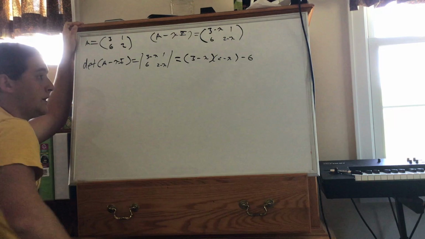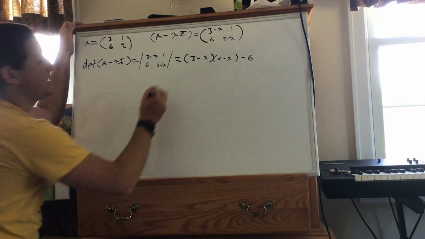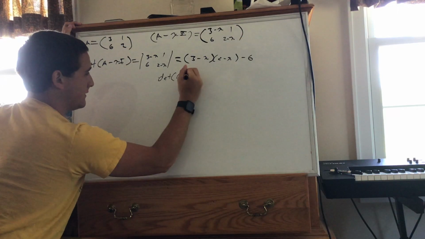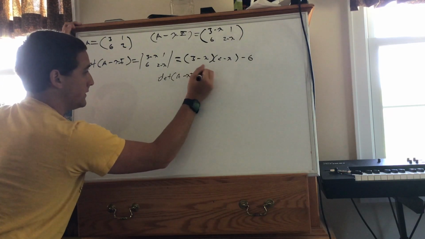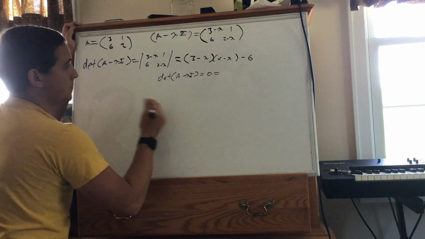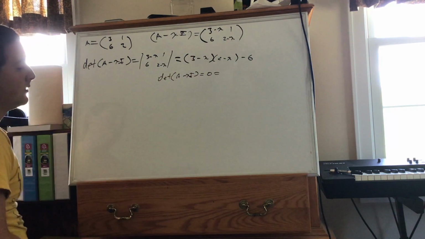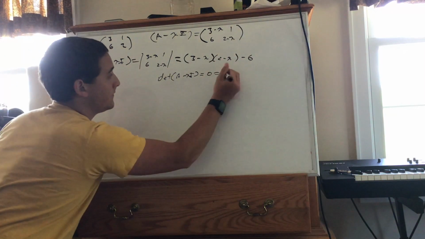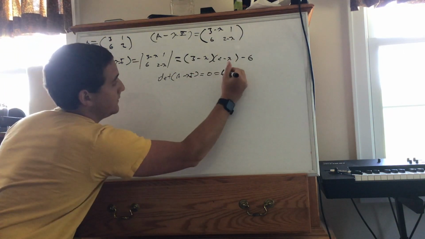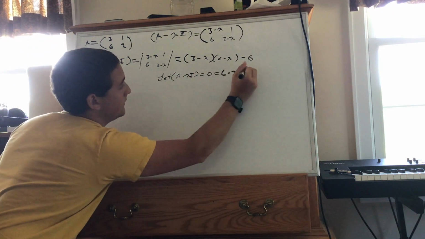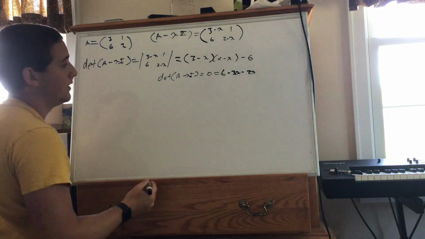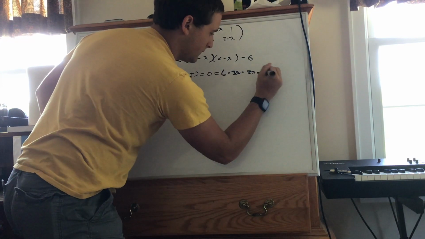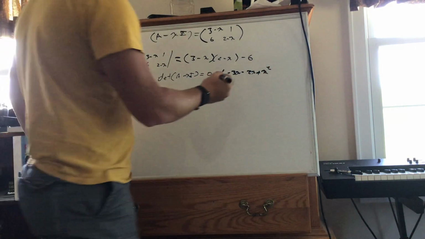Now we set the determinant of A minus lambda I equals 0. We do a little FOIL action. We get 6, 3 times negative lambda is negative 3 lambda, negative 2 lambda, plus lambda squared, minus 6.